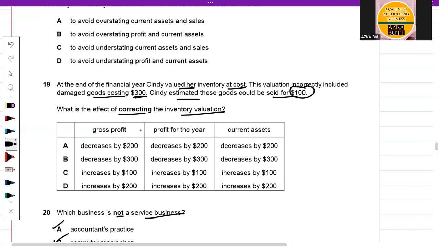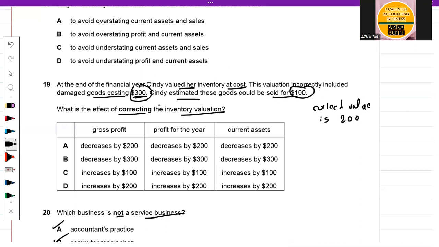So initially inventory was overvalued by $300, as we can see, because it included the damaged goods. However, these goods can only be sold for $100. So the correct value is $100, which is $200 less than the initial valuation of $300.